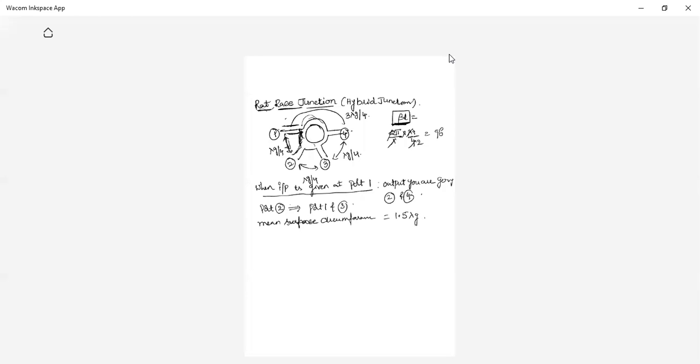Why is it 1.5 into lambda g? See, this is lambda g by 4, 4, 5, 6 lambda g by 4. If you do that, what you are going to get is 1.5 into lambda g. The ports are separated like this, as I mentioned in the figure. Okay, it is a 4-port junction.